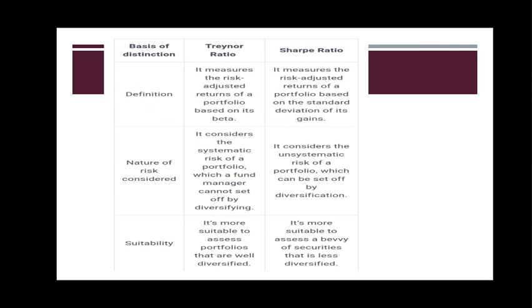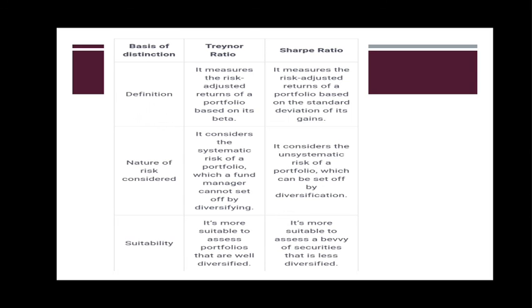So what is the main difference between Treynor and Sharpe ratio? See, Treynor ratio includes only systematic risk, whereas Sharpe ratio includes systematic and unsystematic risk. Systematic risk is relevant when the portfolio is diversified. So Treynor ratio is useful when the portfolio is diversified.